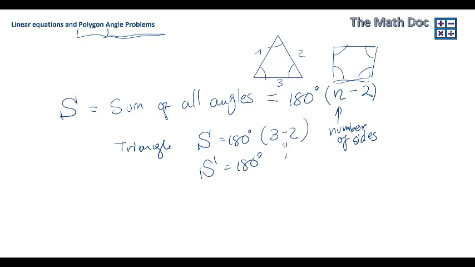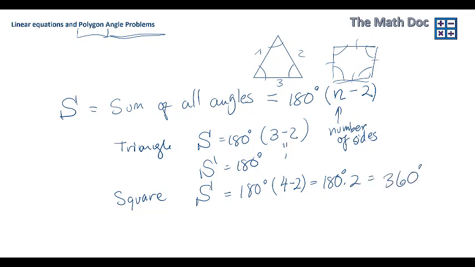And for a square, for instance, where we have 4 sides, S equals 180 degrees times 4 minus 2, which is just 180 times 2, which is 360. And that is true, of course, also for rectangles that have 4 sides.